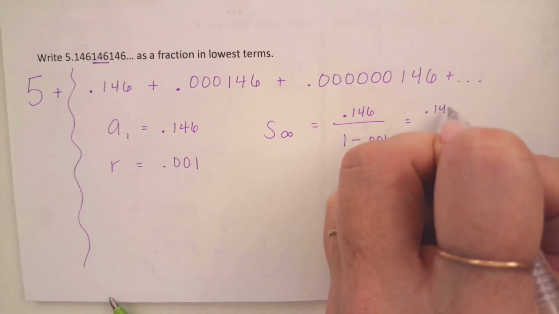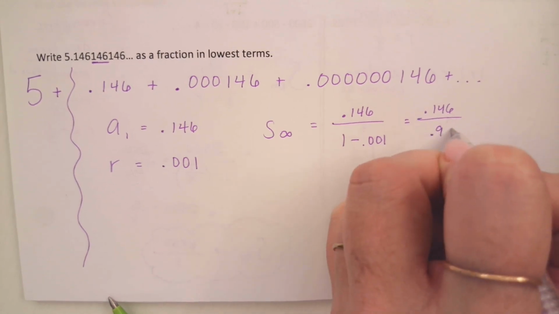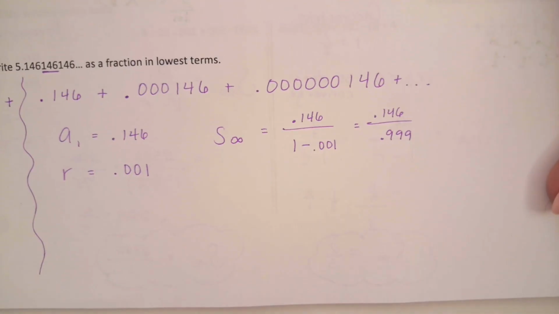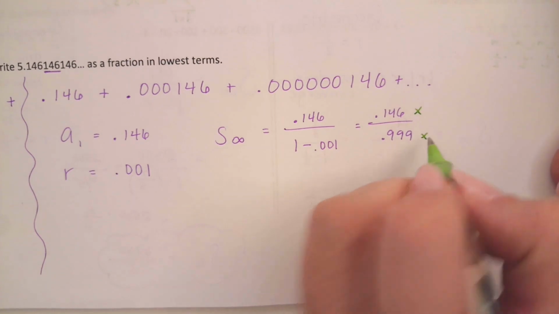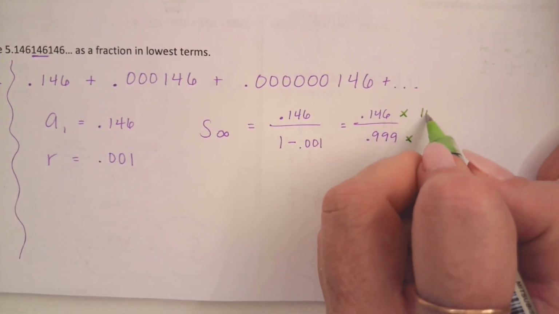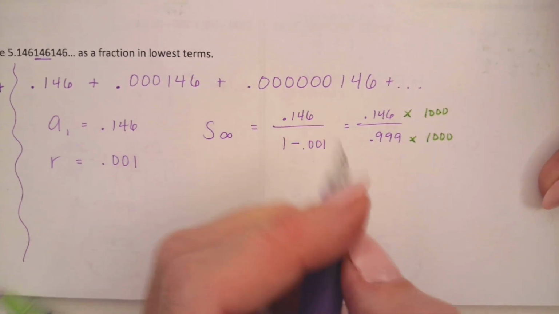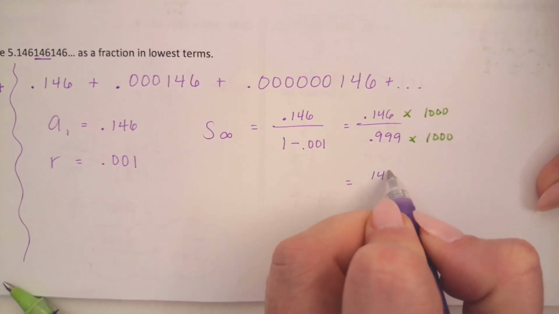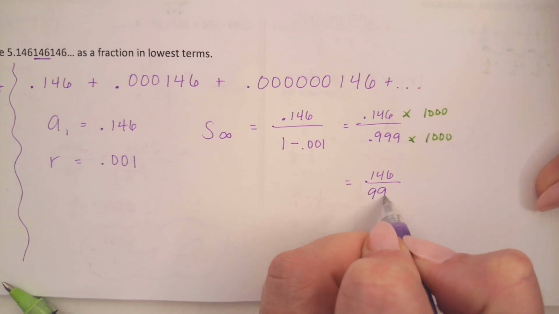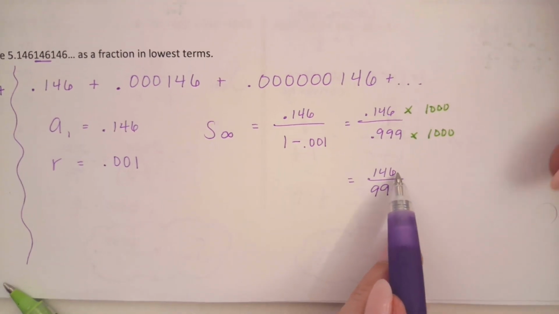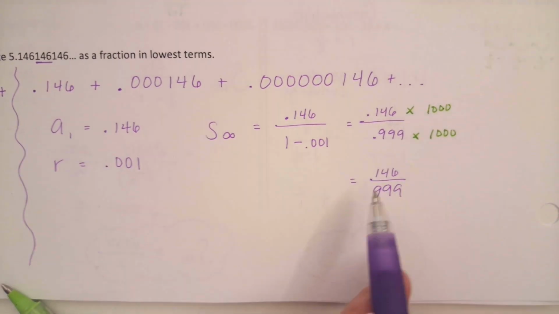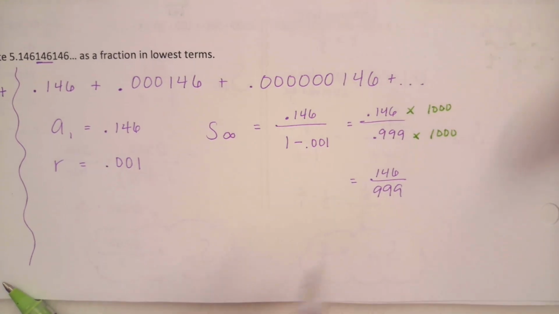Your trick does work. Times what number to make them whole numbers? 1,000. And you would get 146 over 999, which I don't actually think reduces, because the top number is not divisible by 3, the bottom number is not divisible by 2.